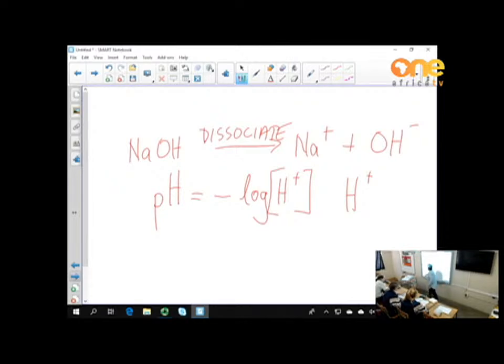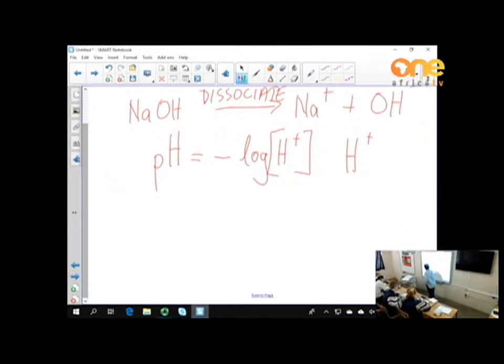So, if I have hydrochloric acid, of which the concentration is, let's just make it easier, 10 to the power minus 3 moles per cubic decimeter. This is just random. How will I work out the pH?